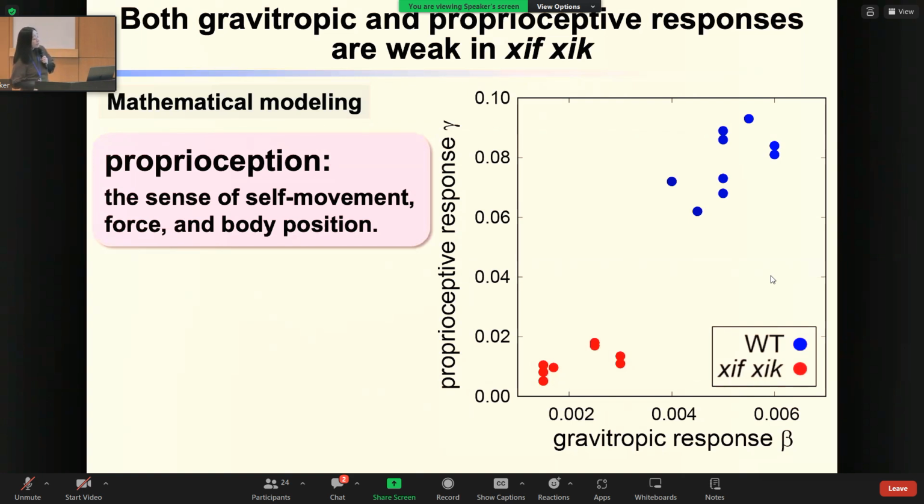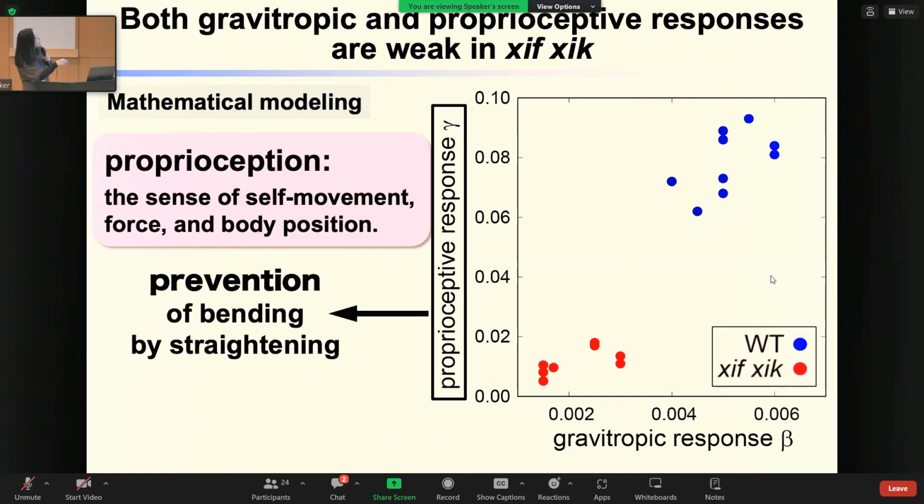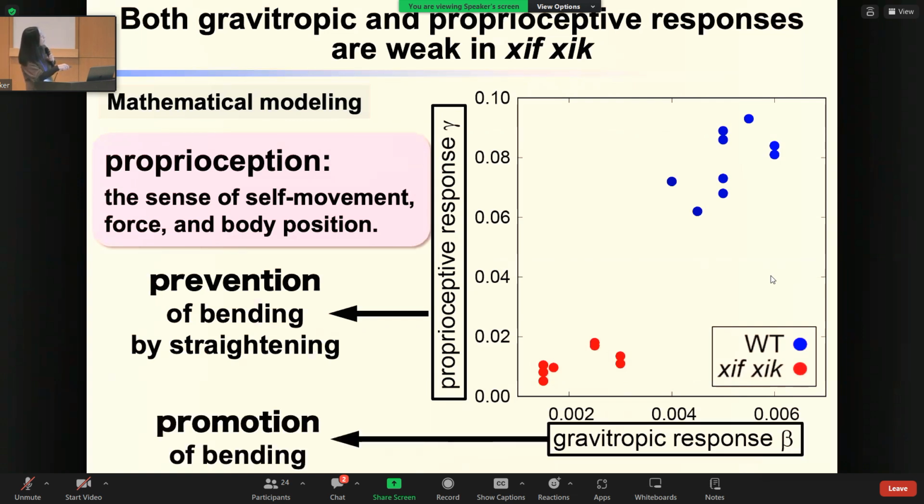This means that not only prevention of bending by straightening, but also promotion of bending are weaker in the mutant. This was surprising for us because we did not expect the bending parameter beta to be lower in the mutant.